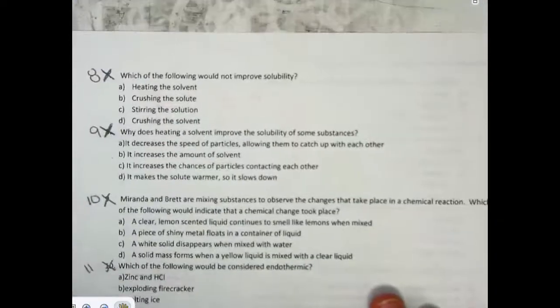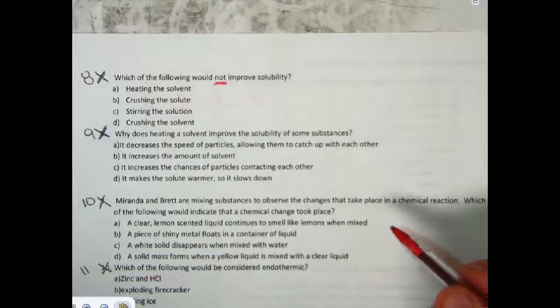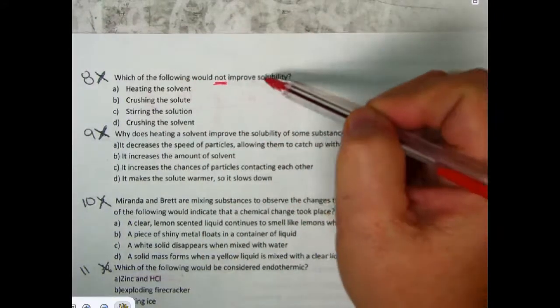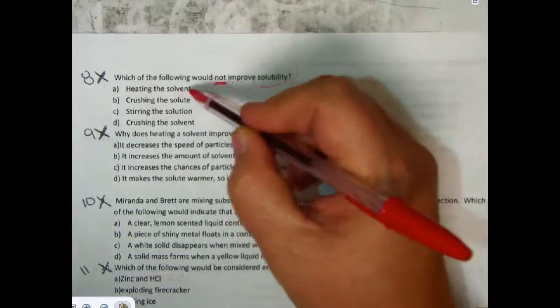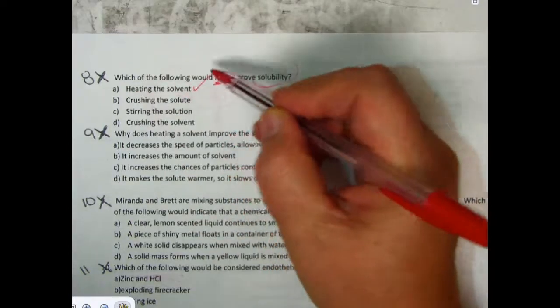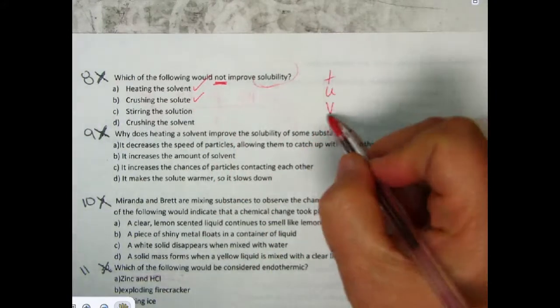Number 8, which of the following would not improve solubility? Let's first look at the things that improve solubility. Heating the solvent, does that improve solubility? Yes. Crushing the solute? Yes. And this is where you need to use your mental model, TUV. The solvent is the one on the bottom.